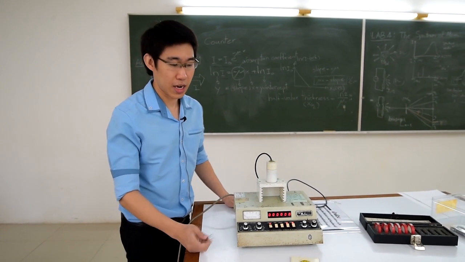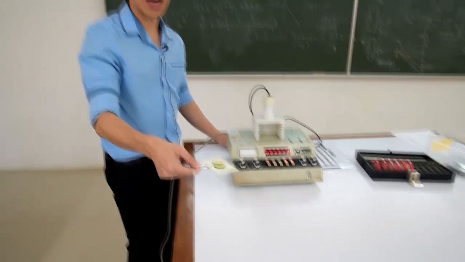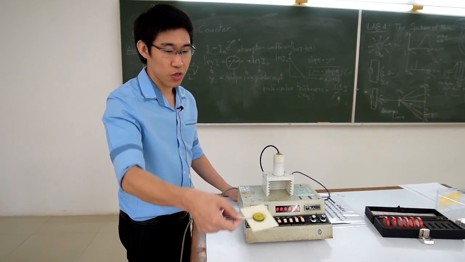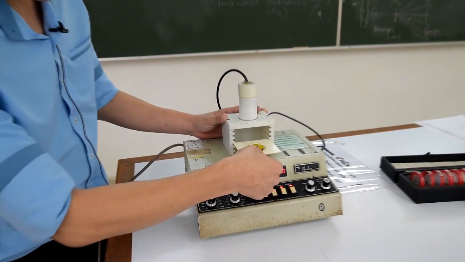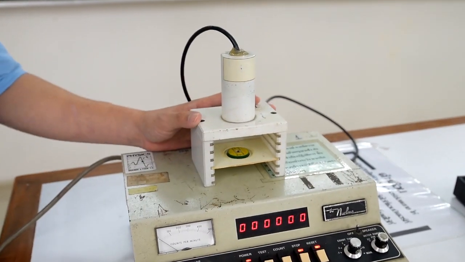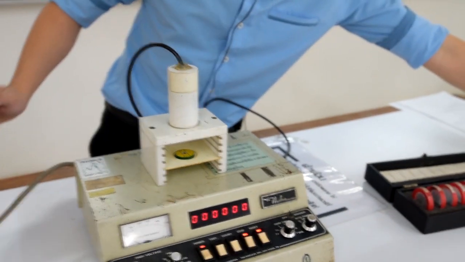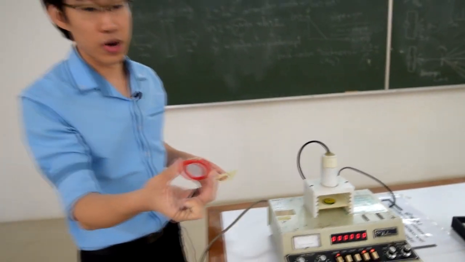So when we get the background count, we will measure the attenuation of the material by putting the strontium 90 in the fourth socket from the top. Then we will use the material for the attenuation.